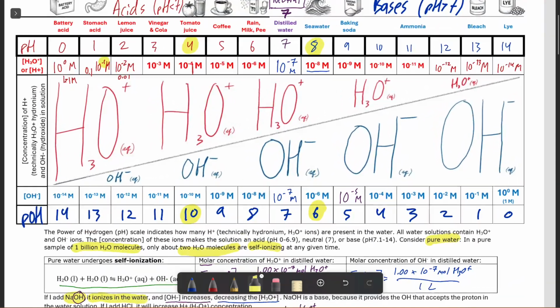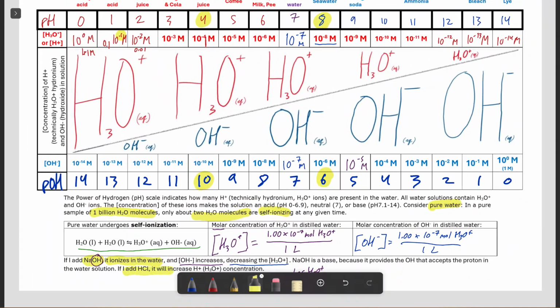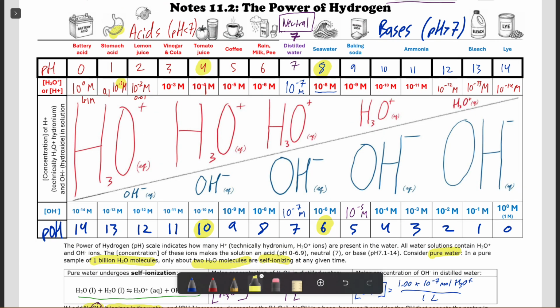So, if we look down here, if I add hydrochloric acid, like in the stomach, that's going to decrease my pH, but increase my pOH. We kind of talk in reverse. So if I'm decreasing my pH, that means that I'm actually increasing the concentration of hydrogen.